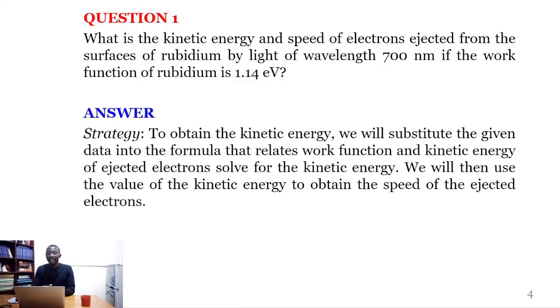To obtain kinetic energy of ejected electrons, we are going to substitute the given data into an expression that relates the work function and kinetic energy of ejected electrons, and then solve for the kinetic energy. We are then going to use the value of the kinetic energy to solve for the speed of ejected electrons.